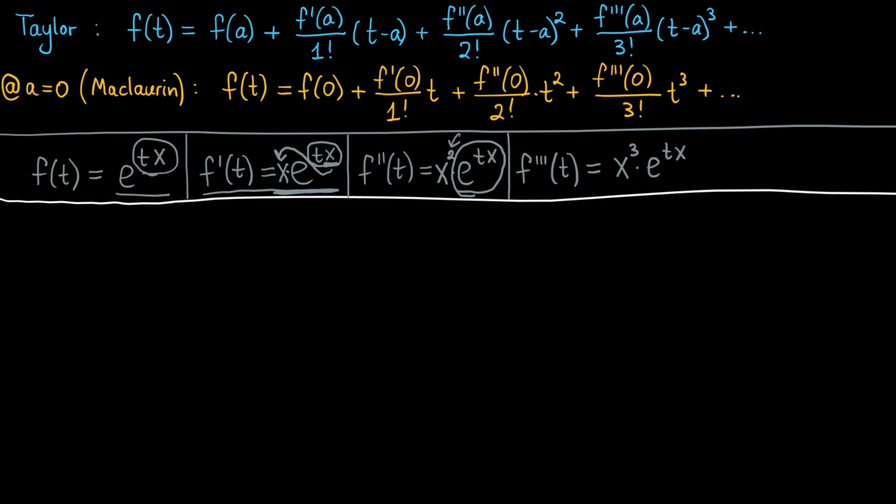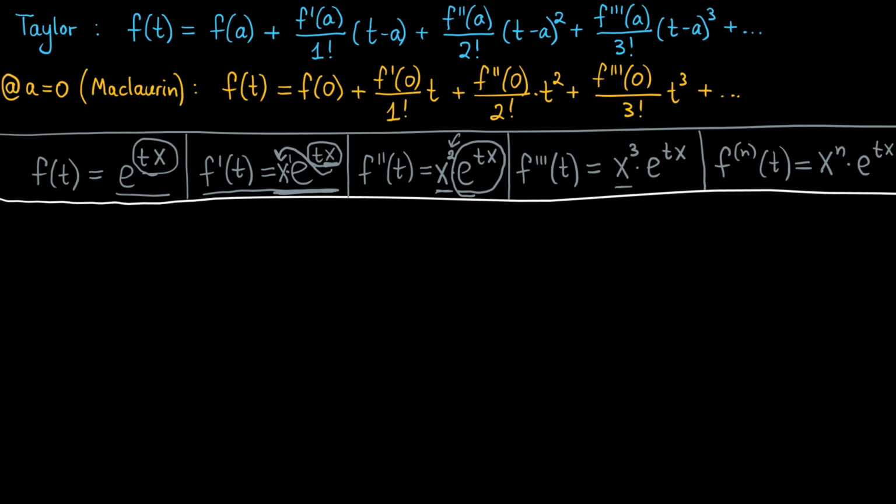So we started with x to the power of 1, we got an x to the power of 2. In the third derivative, we'll have x to the power of 3. And we can already see that in the nth derivative, we're going to get x to the power of n times e to the power of tx. That's pretty cool. And this actually hides here the main intuition for why we use this random variable e to the power of tx in the moment generating function.